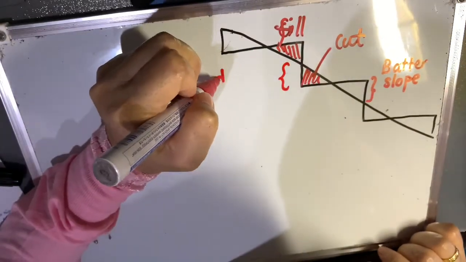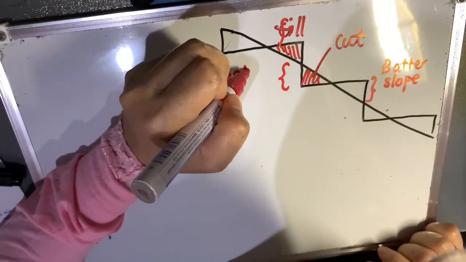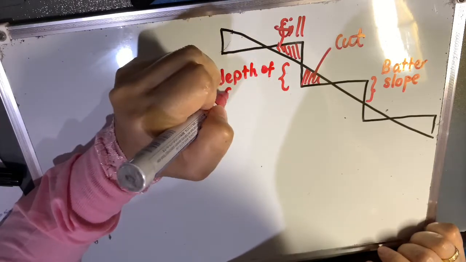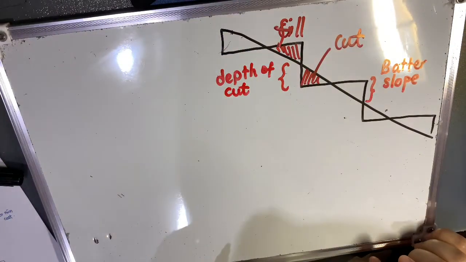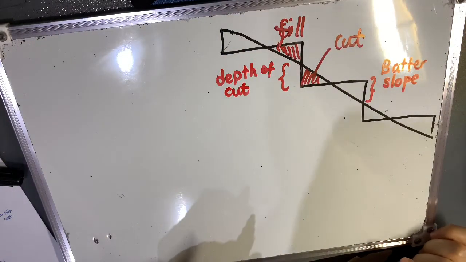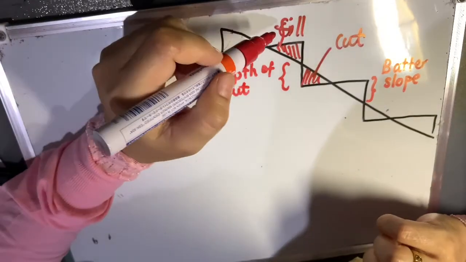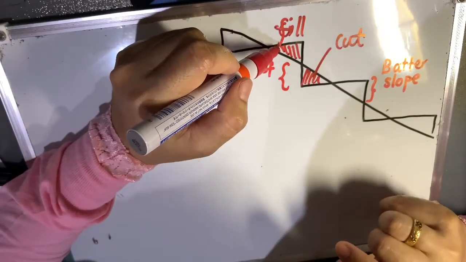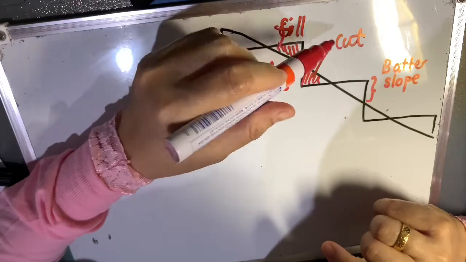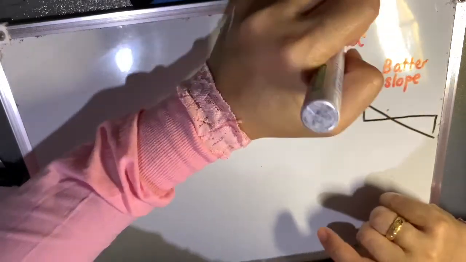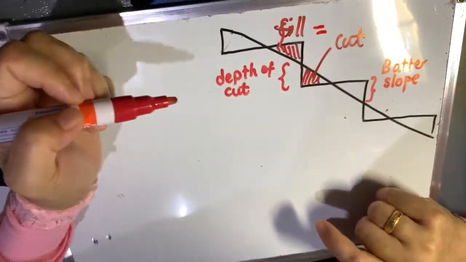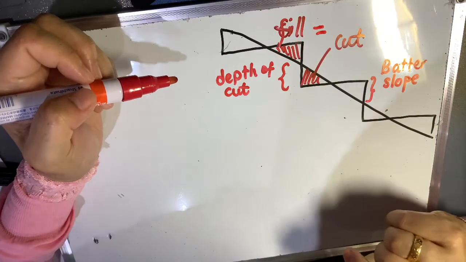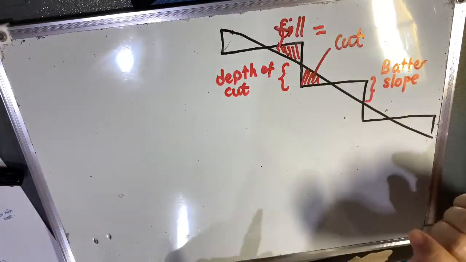So you call it depth of cut. Preferably the amount of soil that you fill or you cut should be the same. This is to minimize the cost of doing this terrace.